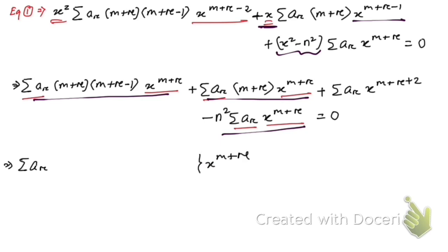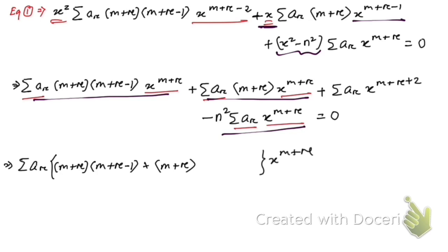Then within the bracket, we're going to have summation, then m plus r plus m plus r, and also minus n square, that's what we're going to have after taking these two terms common.